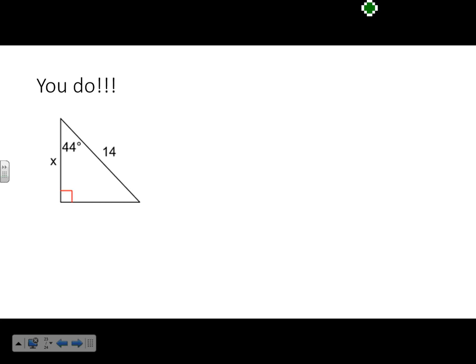Now again, I would pause these, do these on your own, then hit play to get your answers. We have the hypotenuse and the adjacent, so that's cosine. So CAH is adjacent over hypotenuse, so x over 14. Multiply both sides by 14.